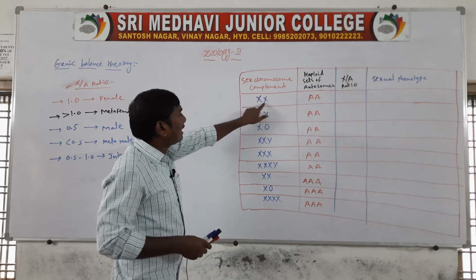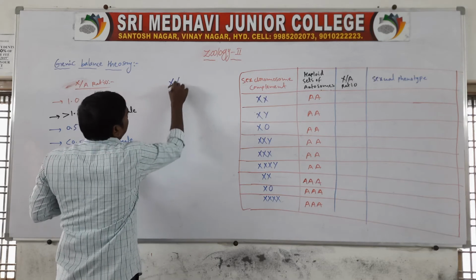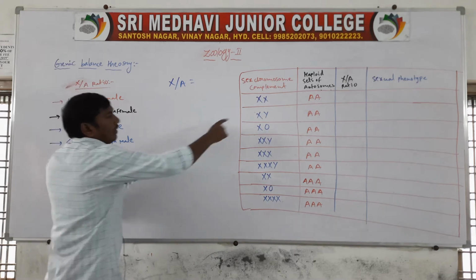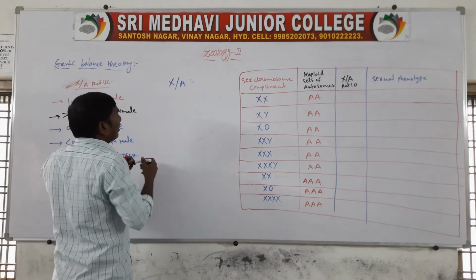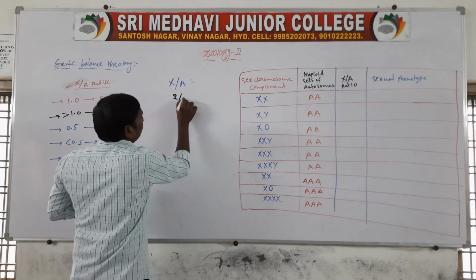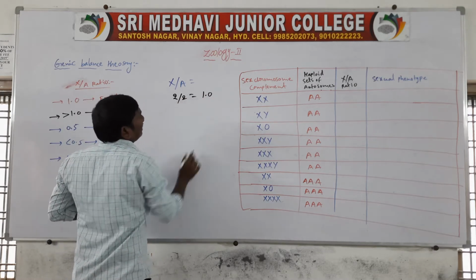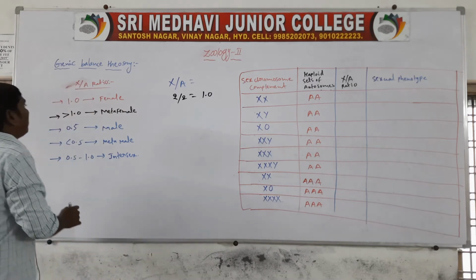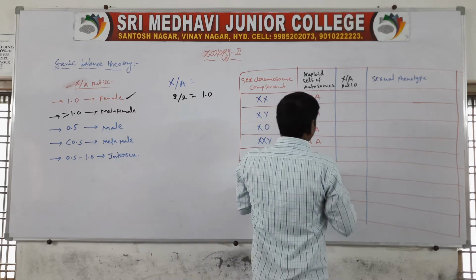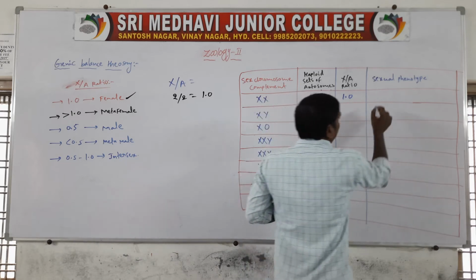First, the number of X chromosomes is 2, and the number of sets of autosomes is 2. So 2 by 2 gives a ratio of 1.0, and the sex phenotype is female.